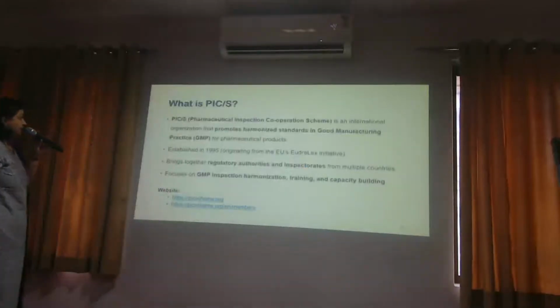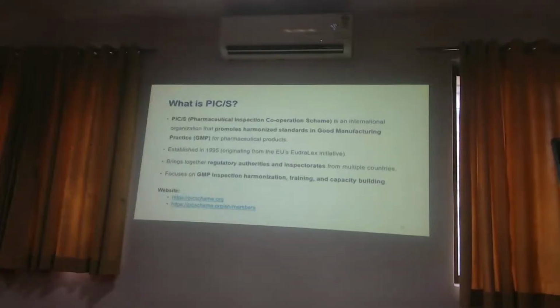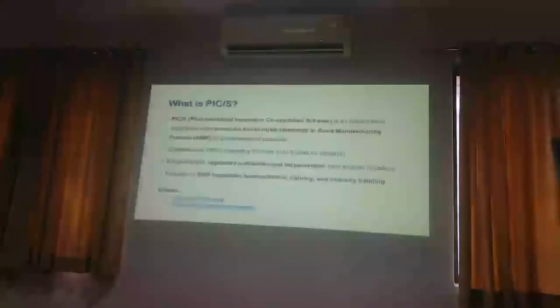PICS is an international organization that promotes harmonized standards in good manufacturing practices of pharmaceutical products, established in 1995, and it brings together the authorities and inspectors from multiple countries. So if my site is a PICS approved site, this country has approved my facility, all other countries will accept my site. So they will not come for the inspection.